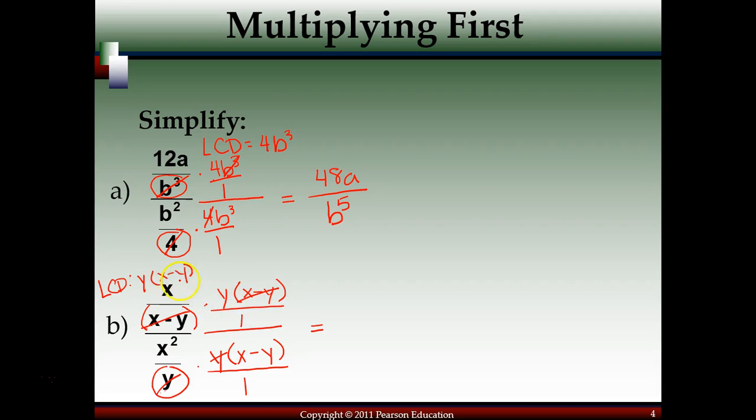And so we have x times y here over, and then x squared times this right here. So write it out as x squared times x minus y.